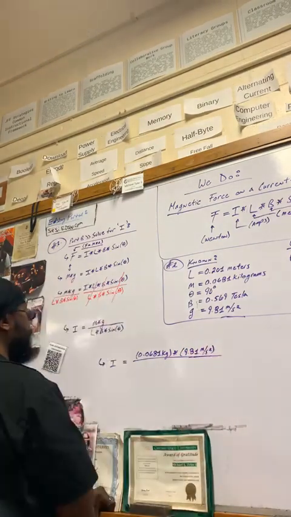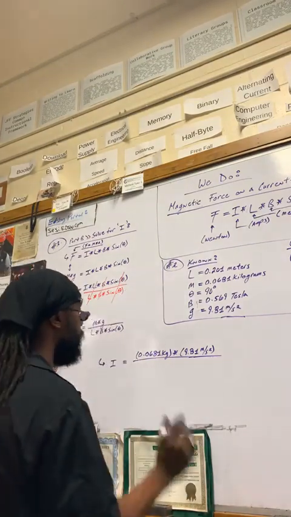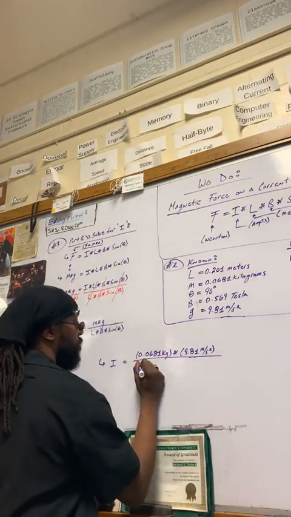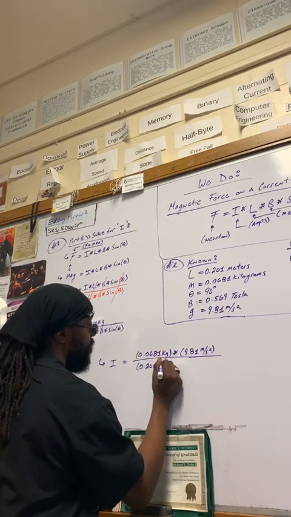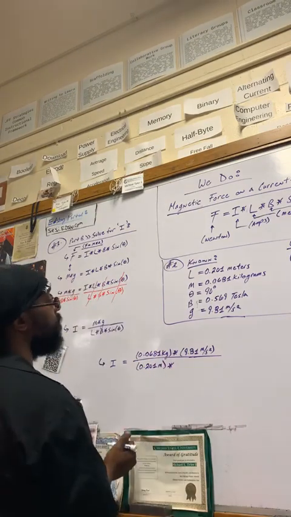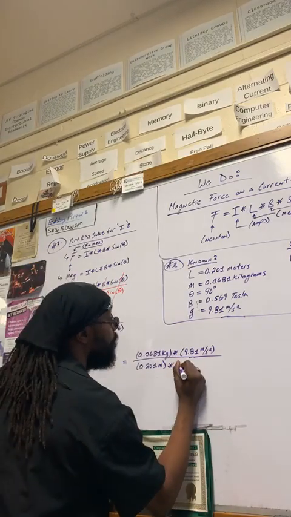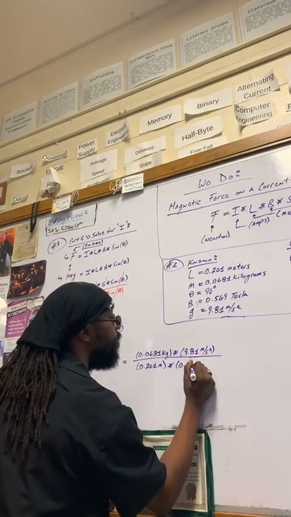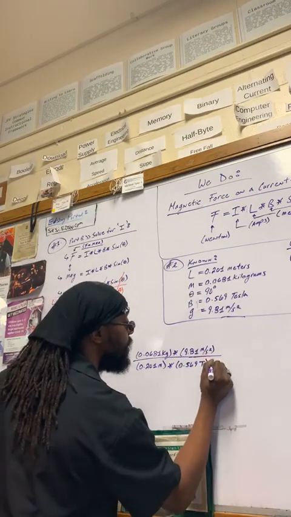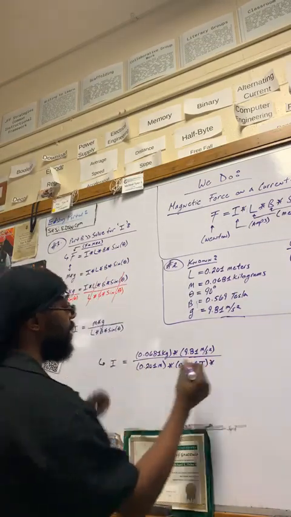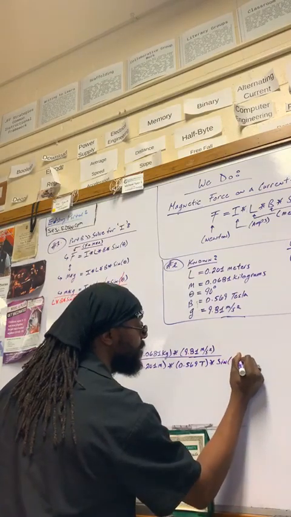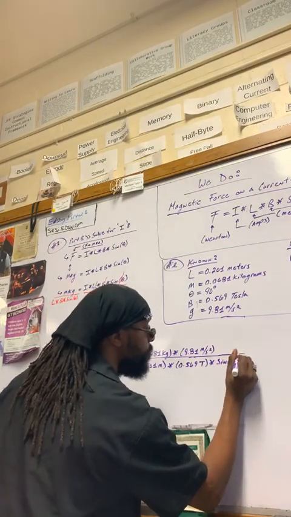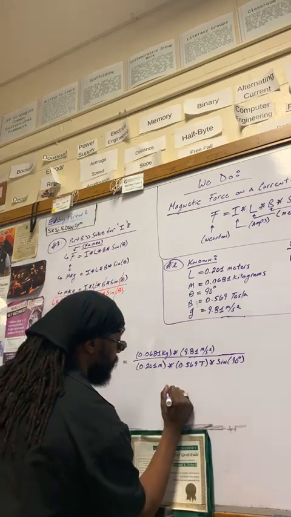Okay, now the bottom. Well, here's our length right there. Times, what was our B field? It's right there. Times, we got sine theta right there. And that's 90 degrees in this case. So I'm ready to calculate and be done with this.